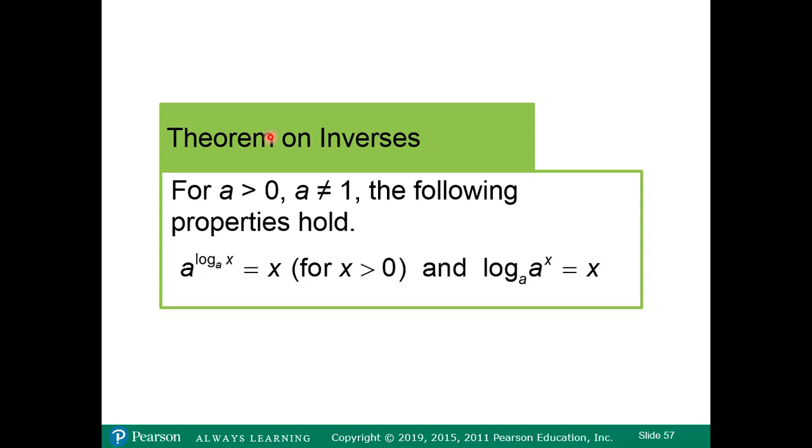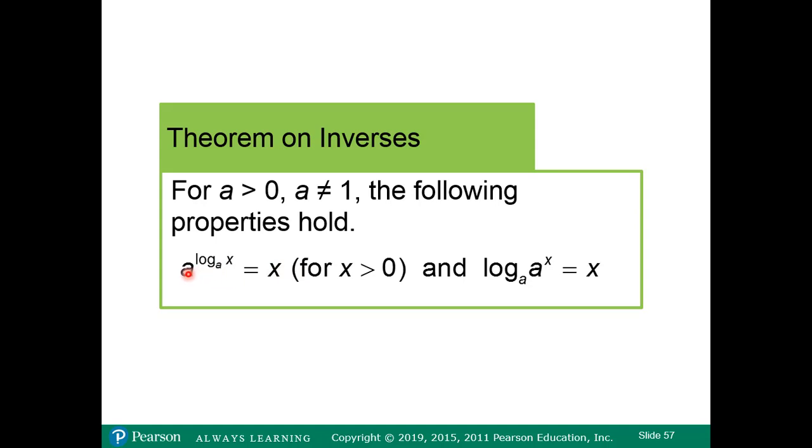So then we have the theorem on inverses. For a greater than 0 but not equal to 1, the following properties will hold for inverses. a raised to the log base a of x is equal to x.